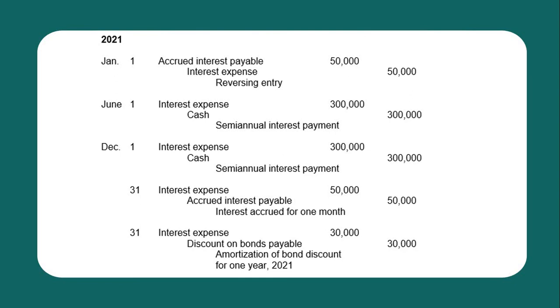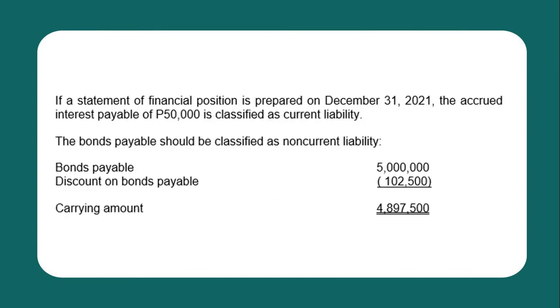So if 47,500 has already been amortized, then the balance is 102,500. So we just subtract it. Since it's a discount, it is shown as a deduction from the bonds payable. So, this is your carrying amount.